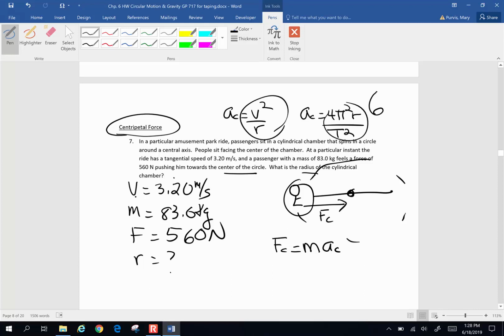In this problem, we are given v, and we're looking for r, so I'm going to tend towards that version of the equation. I'm going to insert this in for a, and centripetal force is mass v squared over r, and we are going to solve this algebraically for r.